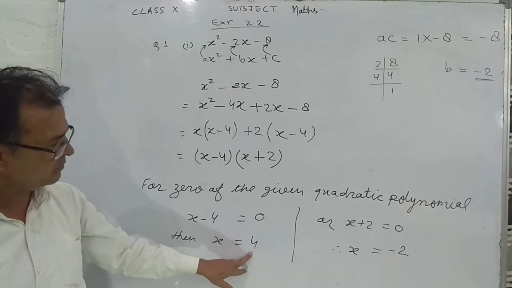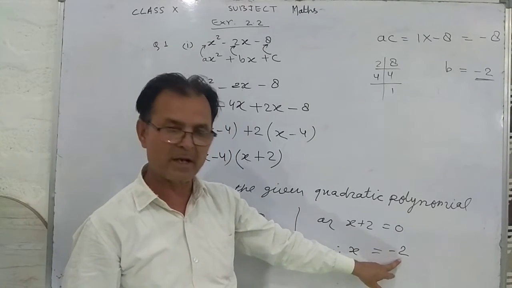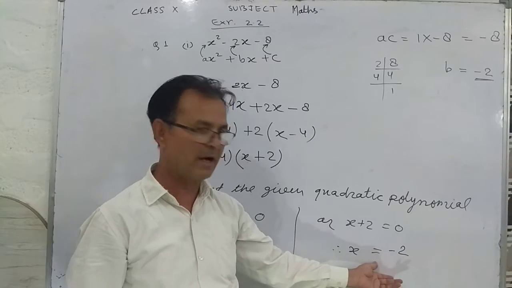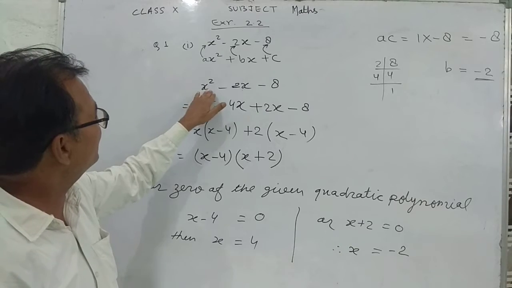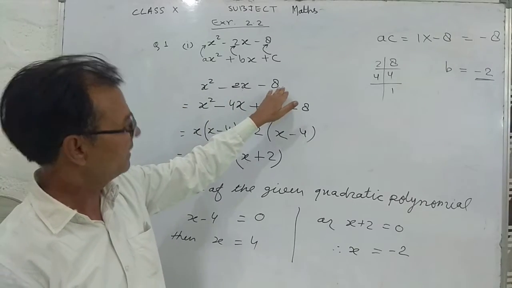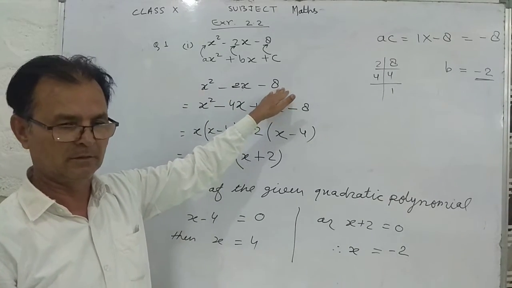X equal to 4 and x equal to minus 2 are the required zeros of the quadratic polynomial x square minus 2x minus 8.